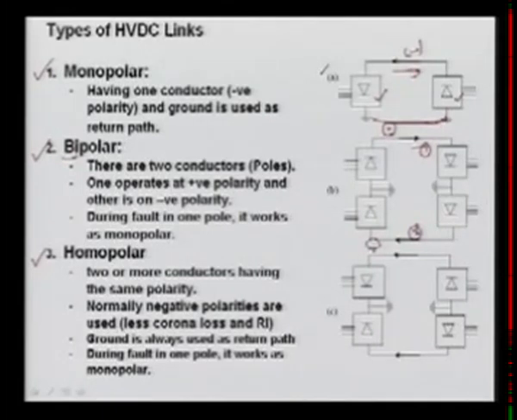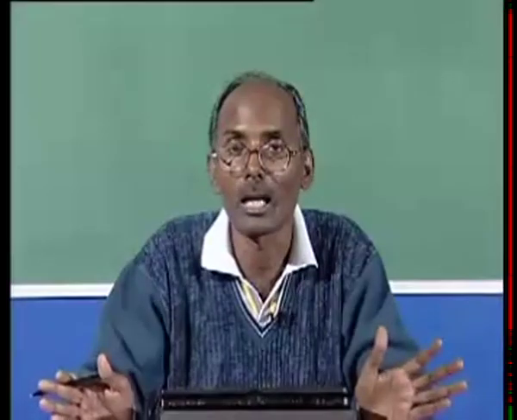During a fault in one pole, it works as a monopolar. Our main problem here: if there is a fault in this line, you have to isolate the fault, you have to stop the operation of this HVDC link, and the two areas are not transmitting power over these lines. So completely you can say chaos, and the system will be unreliable.